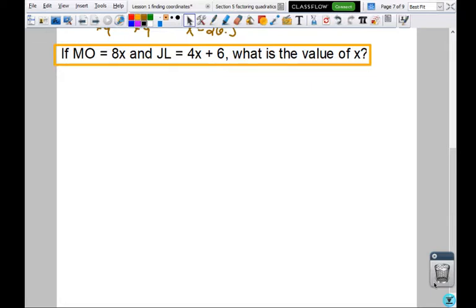So what's the MO? Yep. Okay. So you get 16x equals, and keep going.